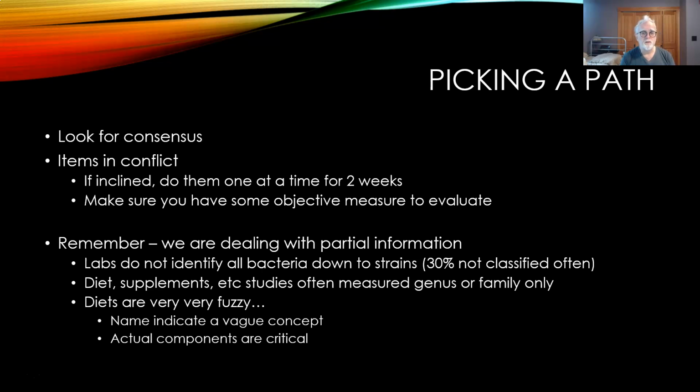Diet, supplements, etc. are often measured using the genus or family level, which means they tend to be very broad, and sometimes overly broad and nice for studies, but won't necessarily help here.